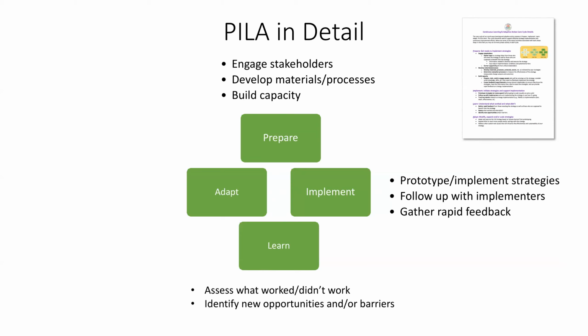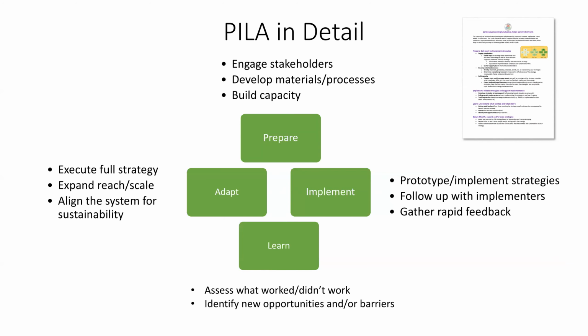And then finally, the last phase is the adapt phase. And this again will also vary a little bit depending on what cycle you're in, but basically what we're doing here is, based on what we learned from this cycle, we're trying to figure out what we need to change before we go into the next cycle.